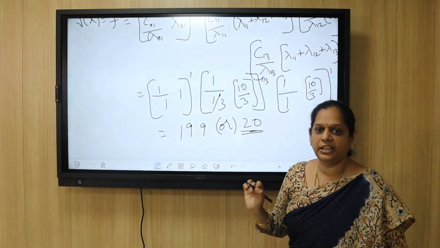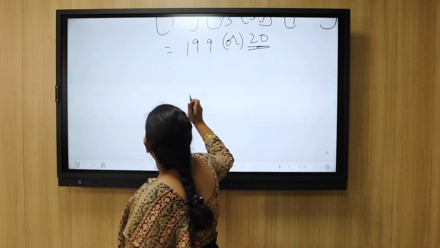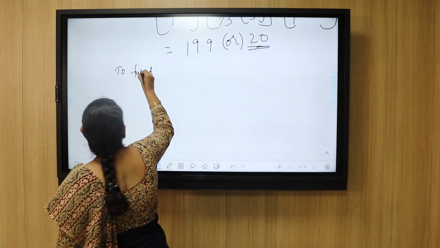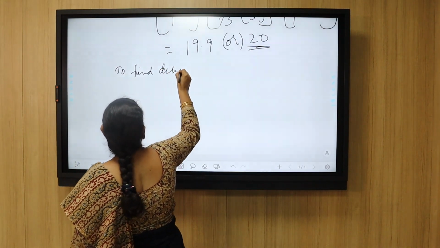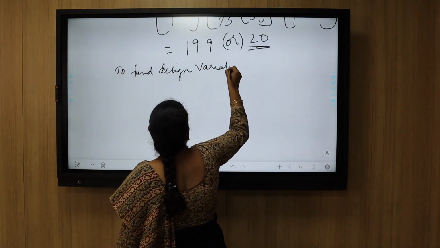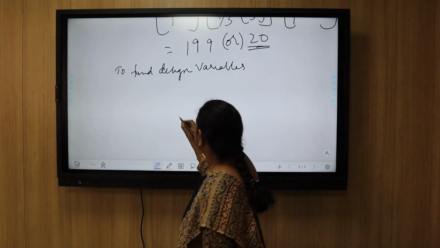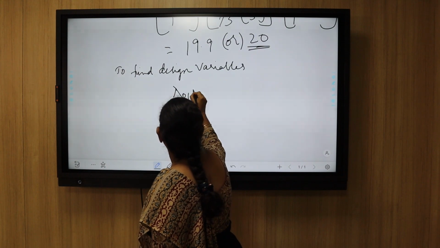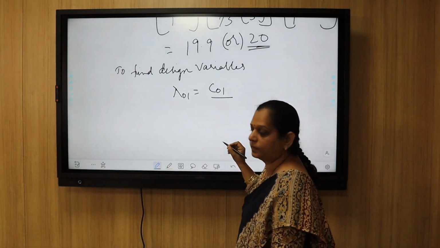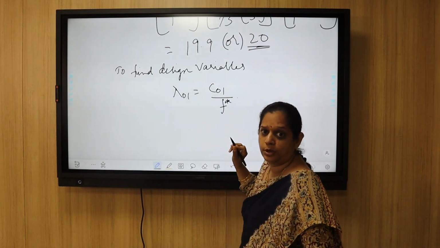Now you have to find the design variables for this one. You got the f value. Now to find the design variables, same formula, design variables also you have to find like this. Lambda 01 equal to C01 by f star into the function.